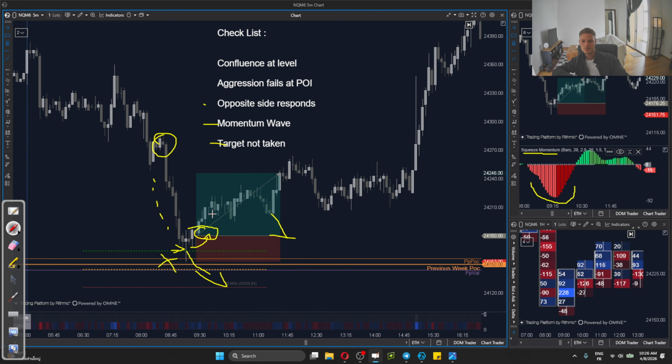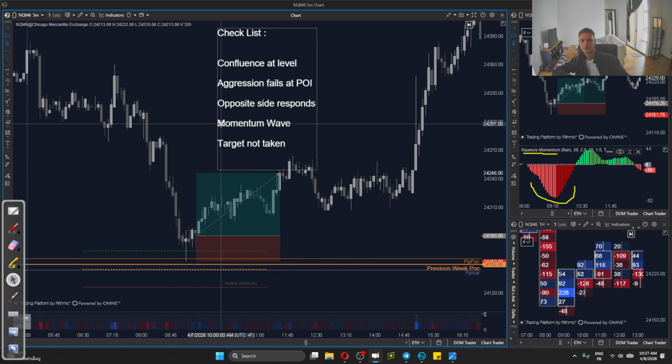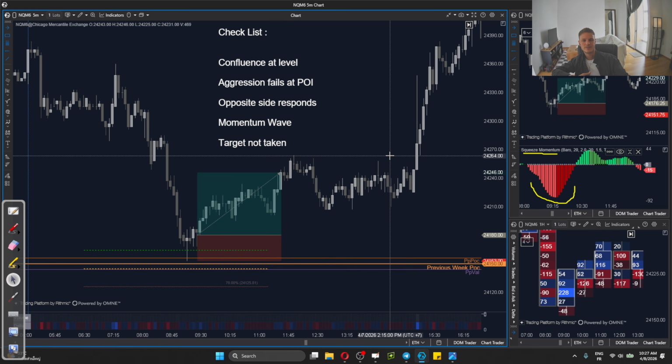If I missed my entry here and we went all the way up there, and now I keep my limit buy order here, no, because maybe the business has been done in this area, so now my high probability is not such a high probability anymore because the move has happened already, okay? You understand that? I think that's pretty clear. But the most important points are going to be the first 4 points. This one is just something that you need to keep in mind, okay?